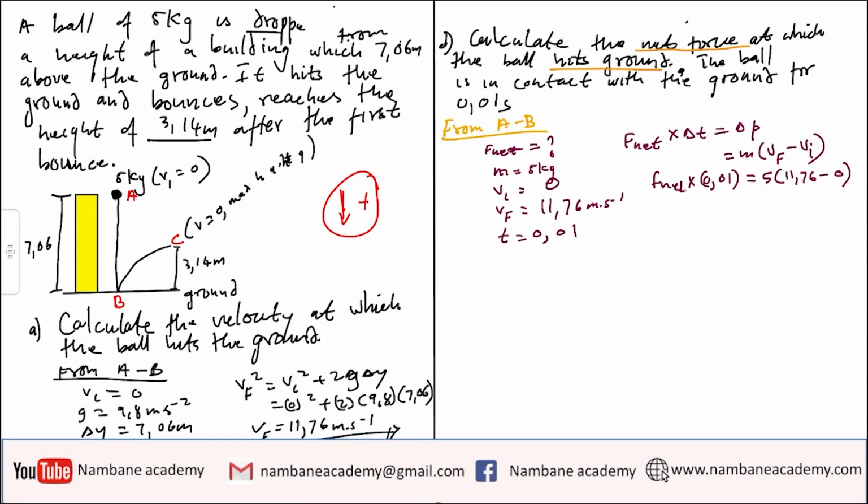So you do Fnet is equal to 5 times 11.76 divided by 0.01. Then you get your answer in Newton. Simple as that, ladies and gentlemen. And that is basically it with now the bouncing ball.